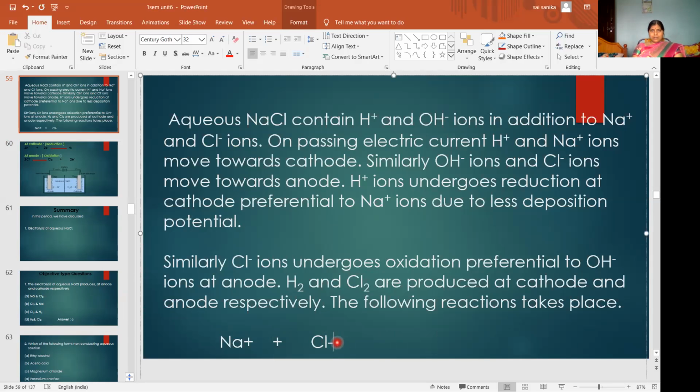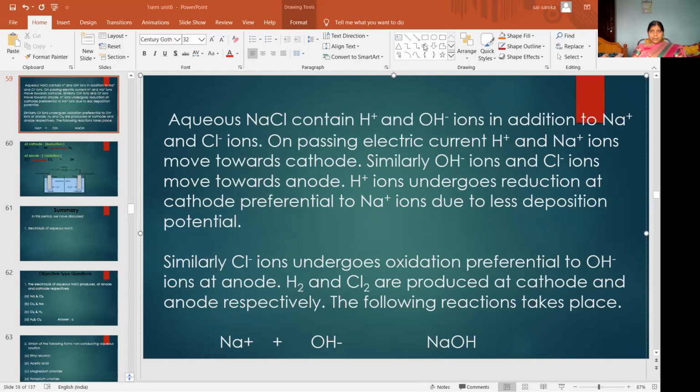Na plus and OH minus ions form a byproduct called NaOH. Okay, this is the product formed in the electrolytic cell. So in this electrolytic cell, you will get this product.